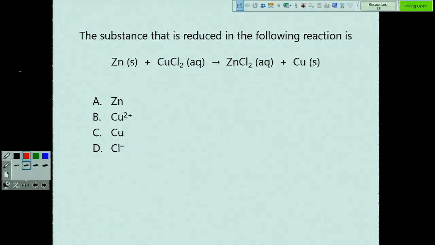All right. And the answer is? So let's start. This is the reaction that we've already seen several times, right? So this is zinc metal. This is copper 2. I'll do it on the board.